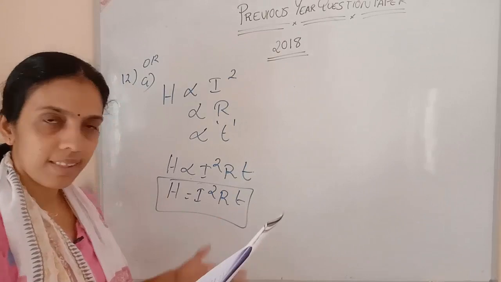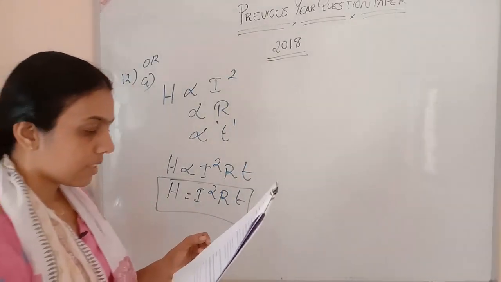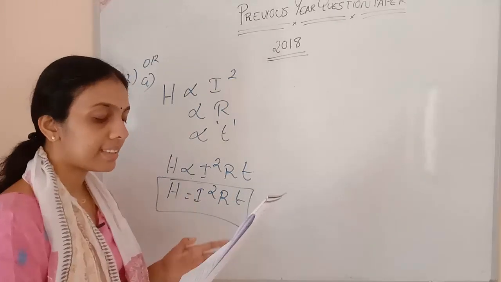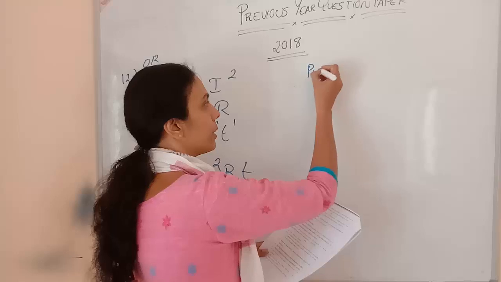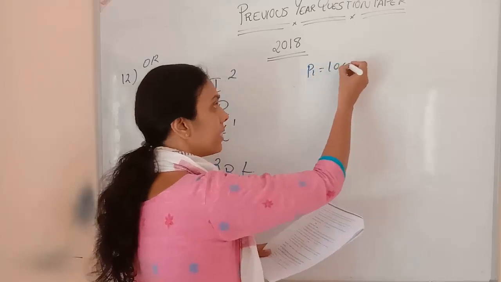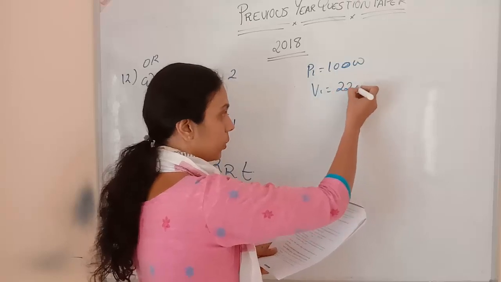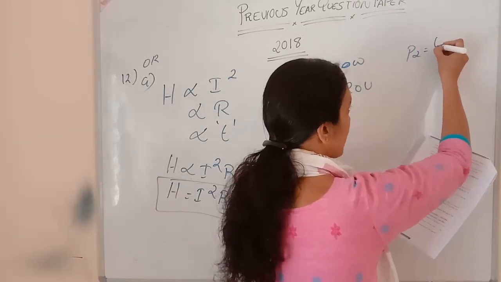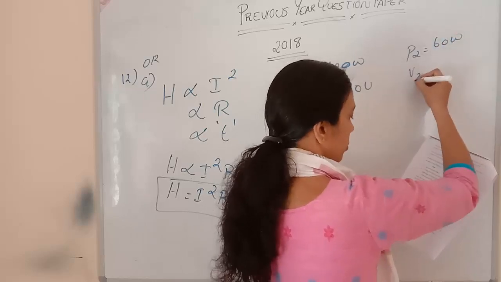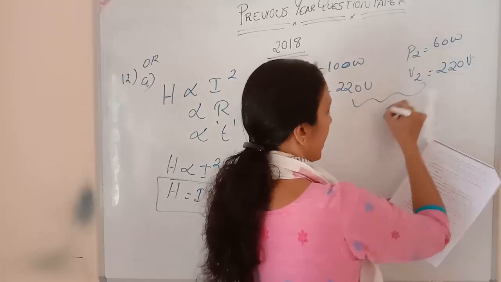Okay, so the second part is a numerical part. There are two lamps, one rated 100 watt and 220 volt. P1 equals 100 watt and V1 equals 220 volt, and the other P2 equals 60 watt and V2 equals 220 volt, connected in parallel.